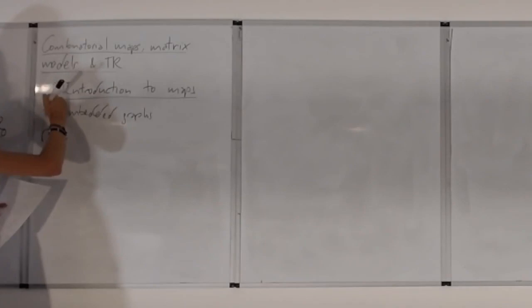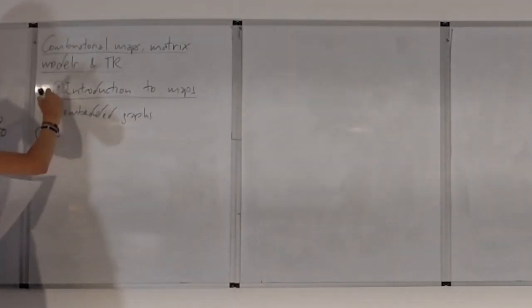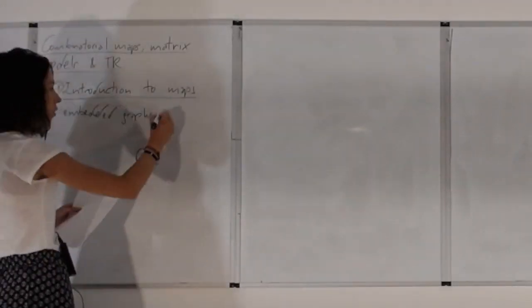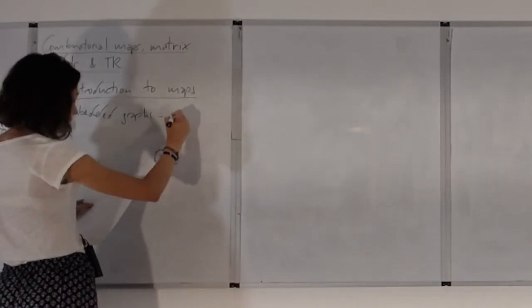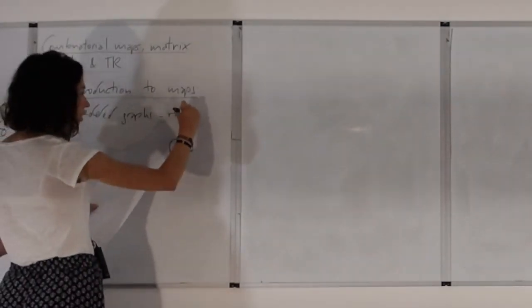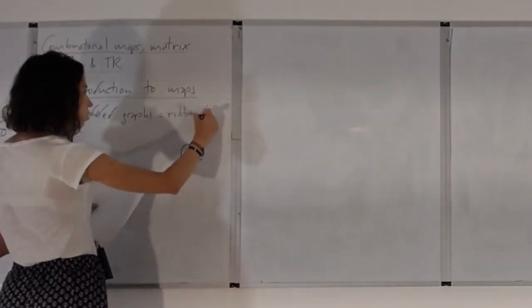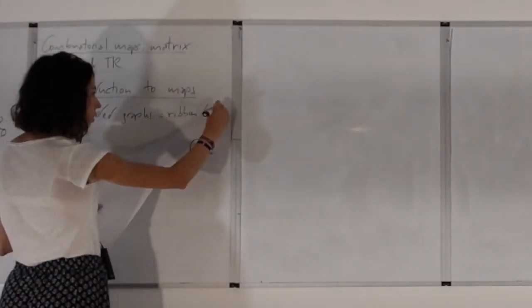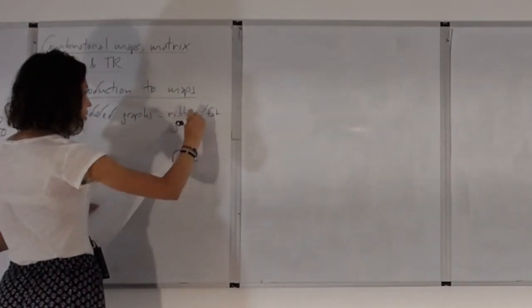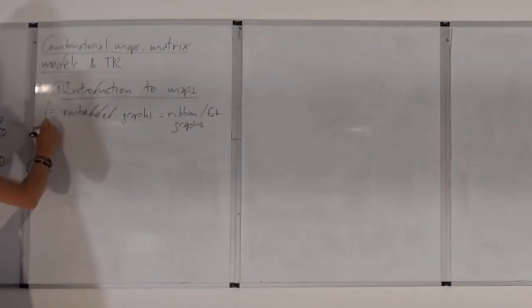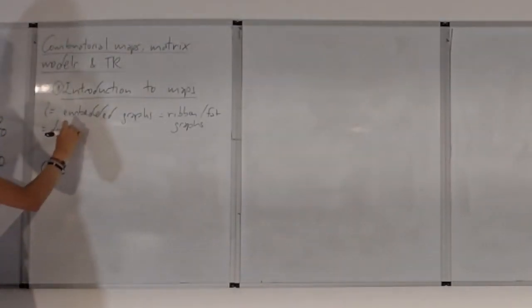This is just to clarify in case you heard some of these names, so you know that we are talking actually about the same objects. Just that in different contexts they receive different names. So they are also called ribbon or fat graphs. And maybe also discrete surfaces.